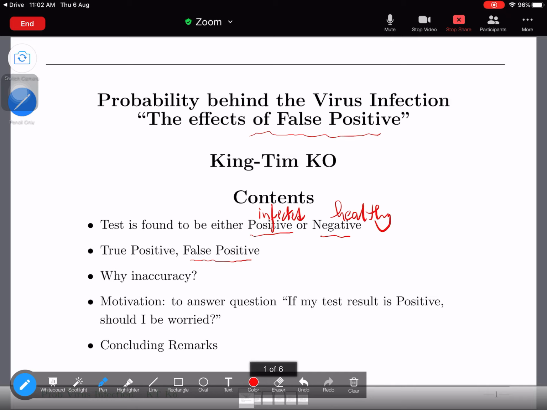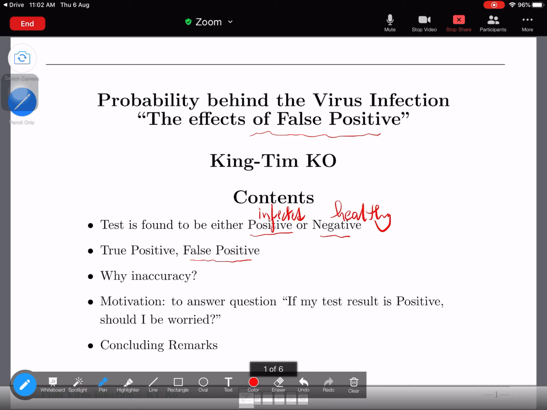The second reason is that maybe the chemical used for the testing was not in enough concentration. So inaccuracies often happen.